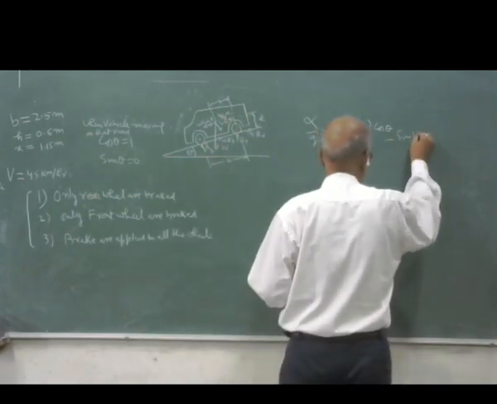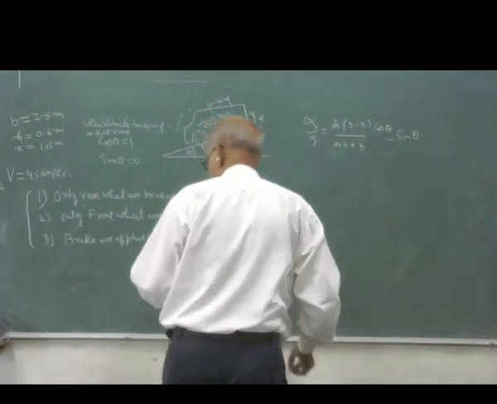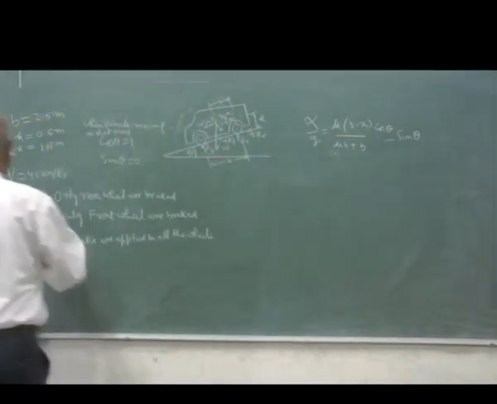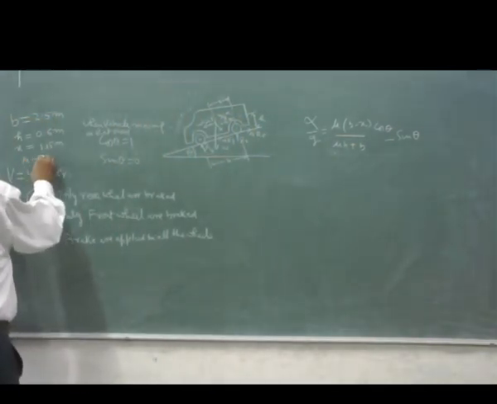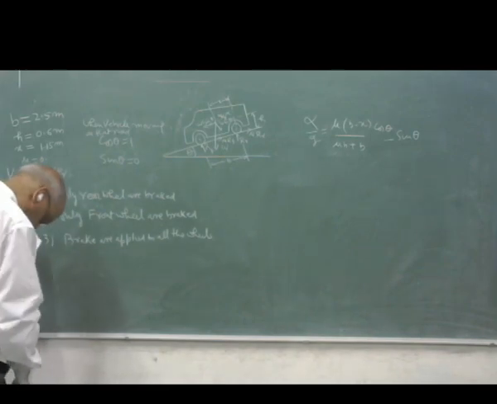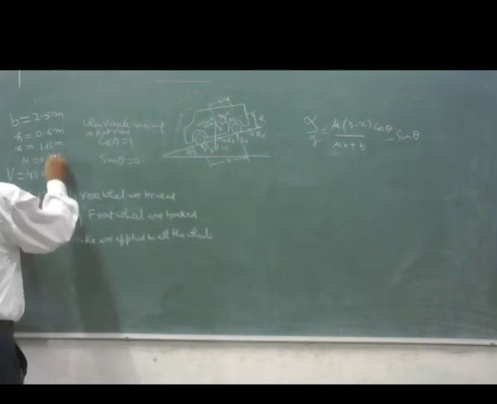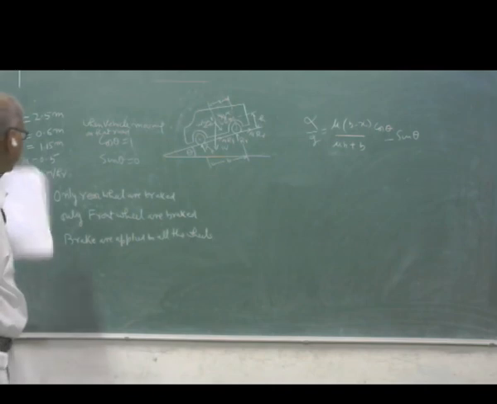Here one more thing is given, and that is mu. Mu is given as 0.5. These are the things which are given.